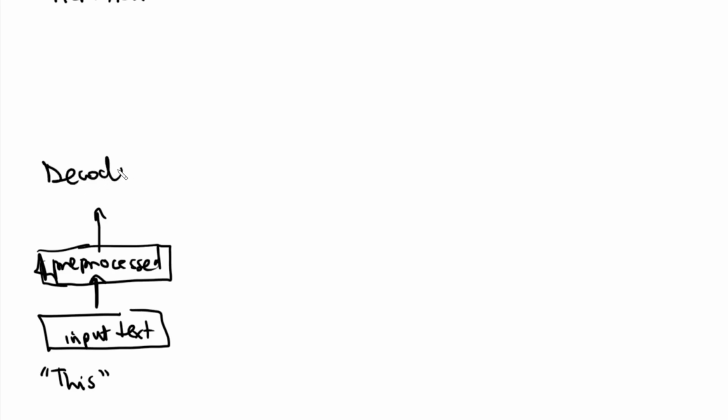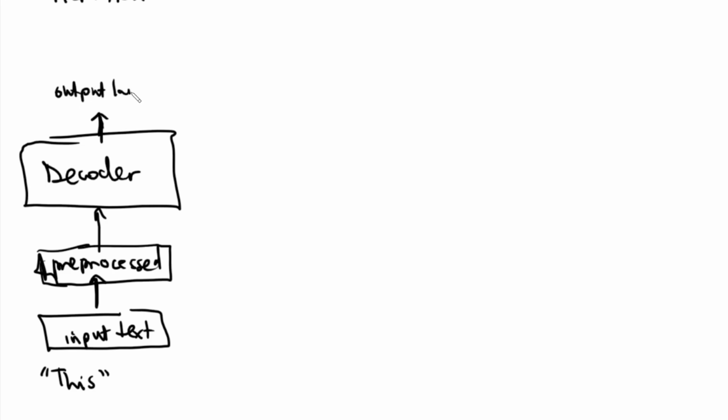Of course, the input text gets pre-processed, and after it has been pre-processed, it gets into the decoder block, right? When it gets out of the decoder, it gets into some output layers.